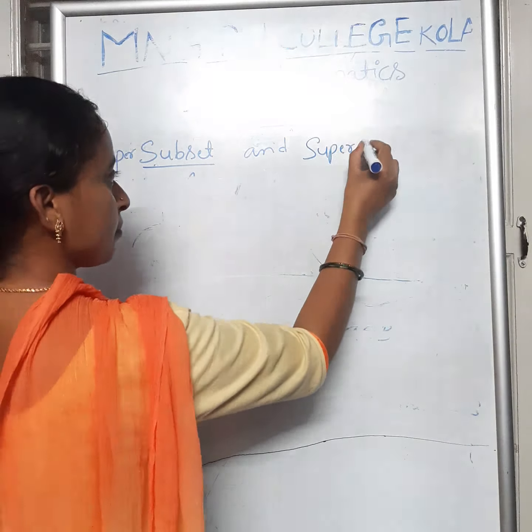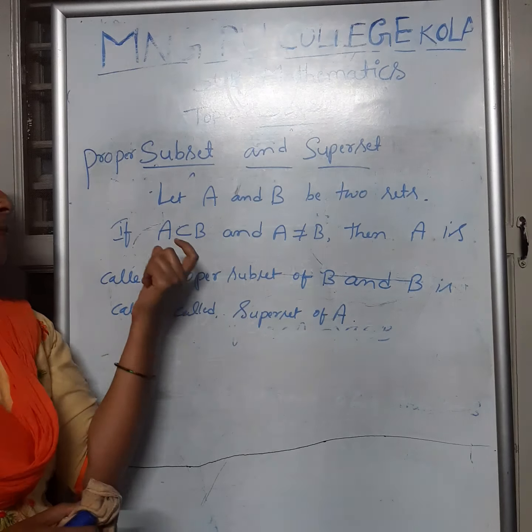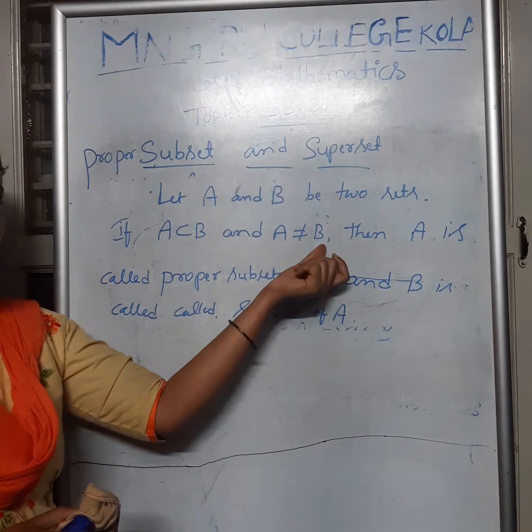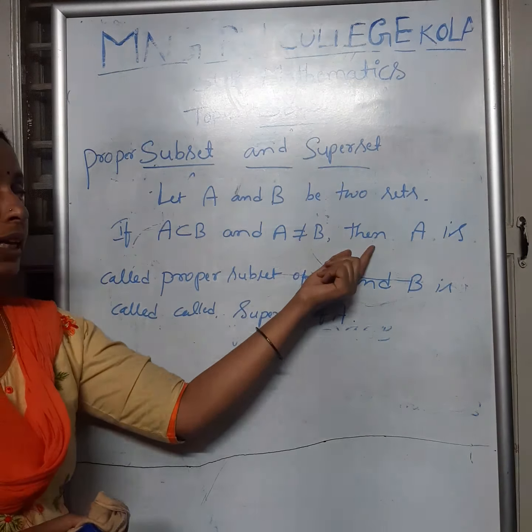So what is the definition of proper subset and superset? Let A and B be two sets. Here we consider two conditions: A is a subset of B and A is not equal to B. Then A is called a proper subset of B, and this set B is a superset of A. So this is the proper subset and this is the superset.